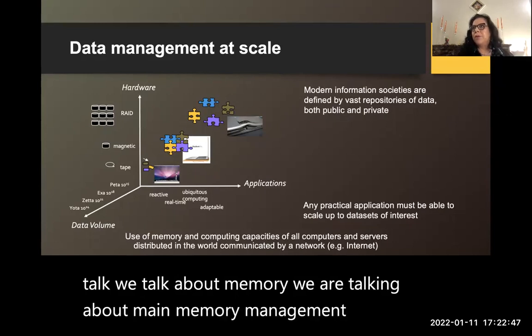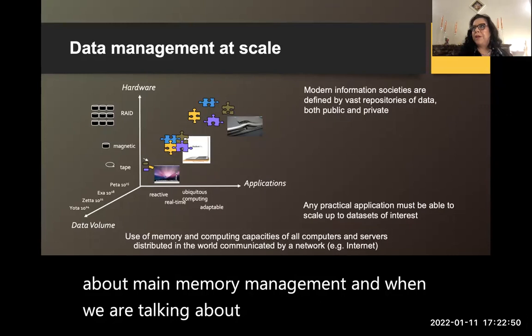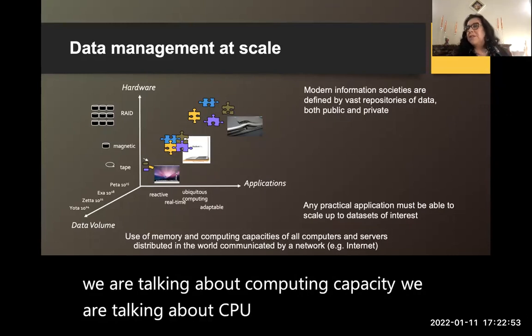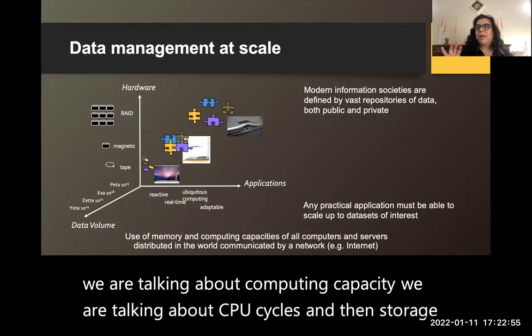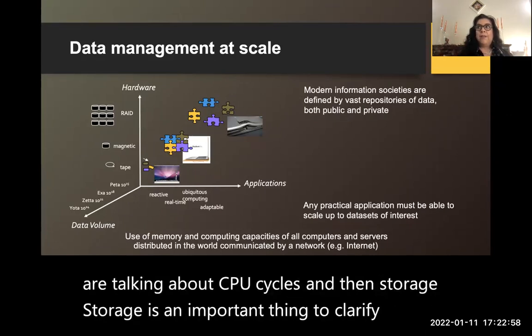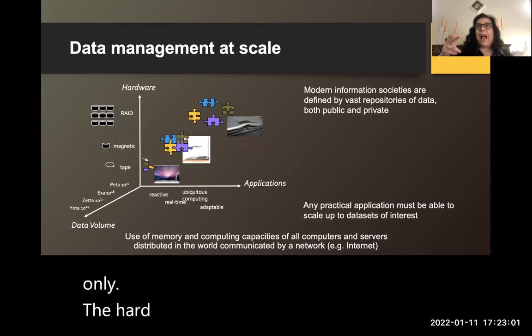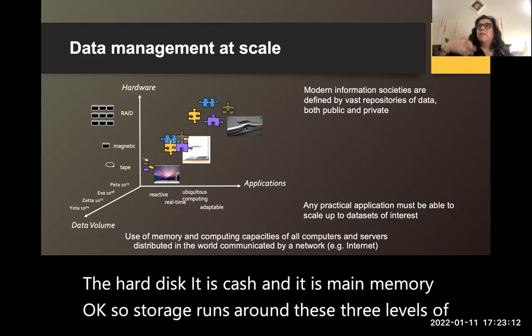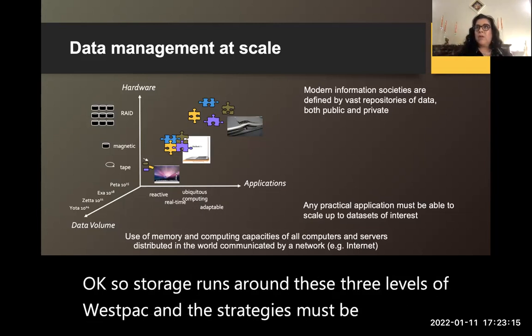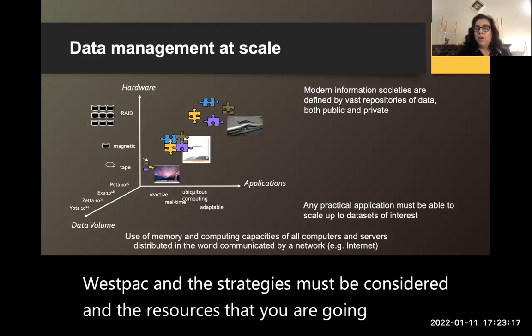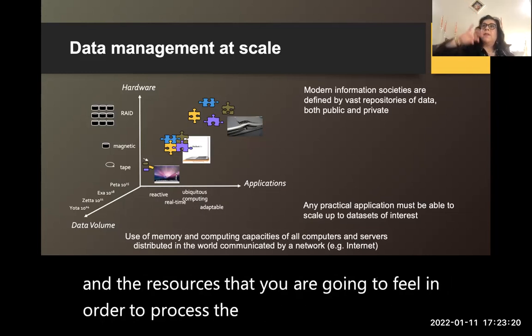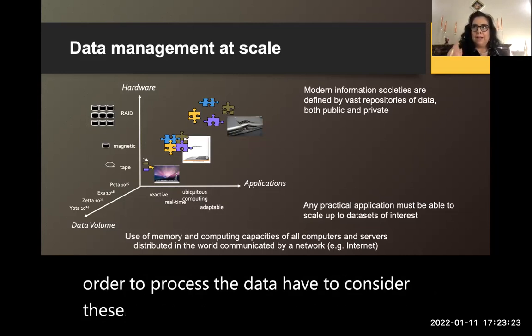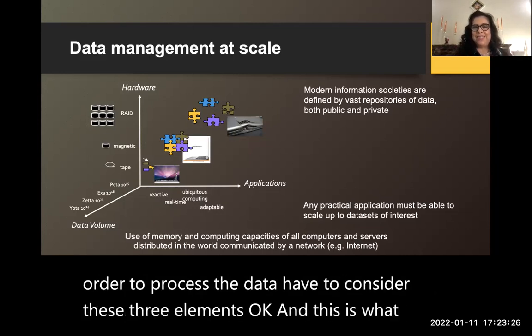When we talk about computing capacity, we are talking about CPU cycles. And then storage, which is important to clarify: it's not only the hard disk, it is cache, and it is main memory. So storage runs around these three levels of the stack, and the resources that you feed in order to process the data have to consider these three elements. This is what makes the problem interesting.